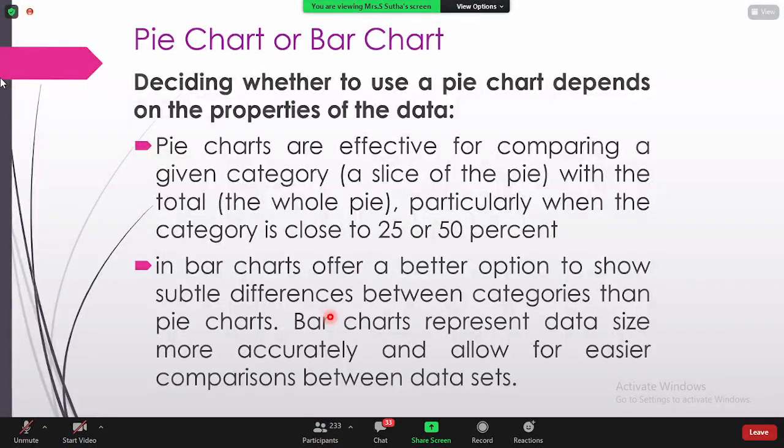But when the number of non-overlapping classes is high, 10 or 12 classes, then it is better to go for the bar chart, right? So you have to look at the number of categories, the percentages of each category, and the objective, whether we want to compare over the total. Based on these facts, we have to choose whether it's a pie chart or bar chart, right?